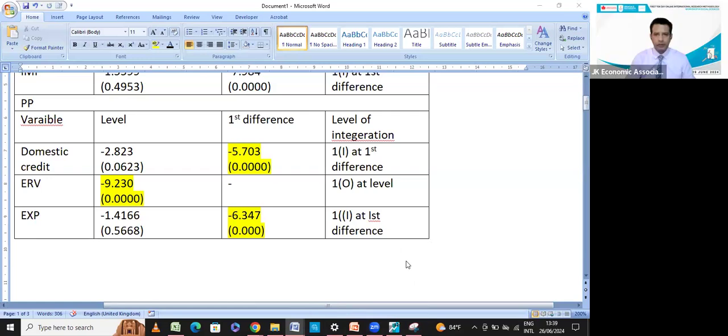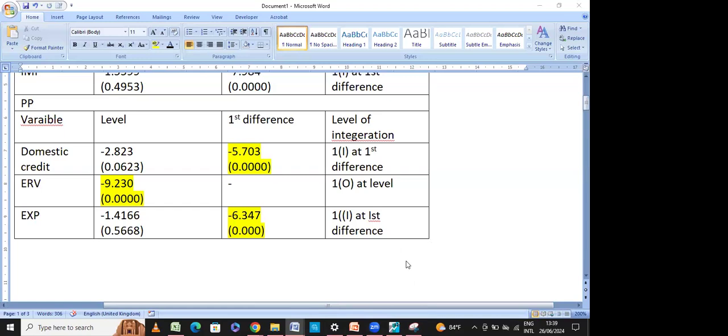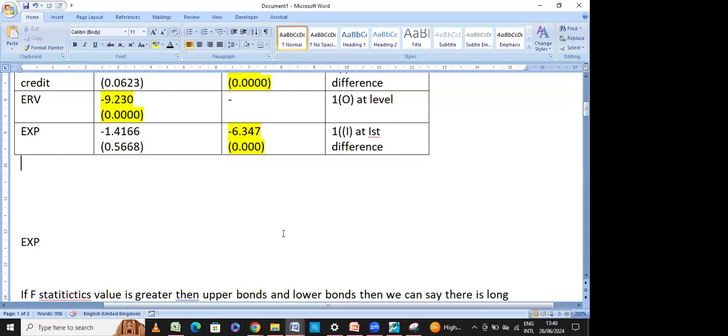Yes, sir. Actually, I want to know what should be the minimum number of observations required to run the ARDL approach. Good question. I can give you a rule of thumb. For ARDL, data should be a minimum of 30 years.